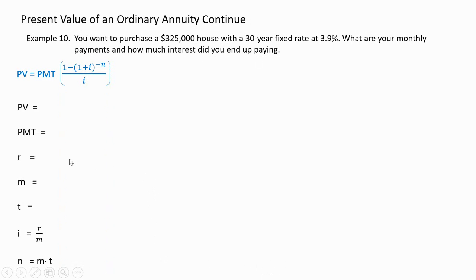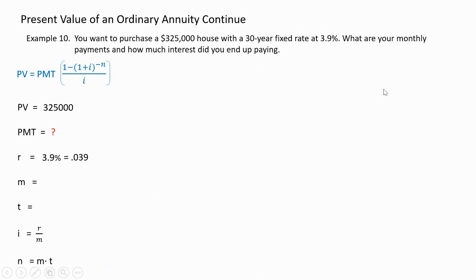Let's extract the info. So we're looking for the payments, right? This is what you're going to borrow from the bank, which is the present value. That's $325,000. The r is the one with a percent symbol, which is 3.9%. Converted to a decimal, that gives us 0.039.